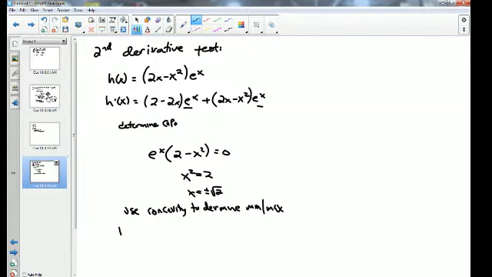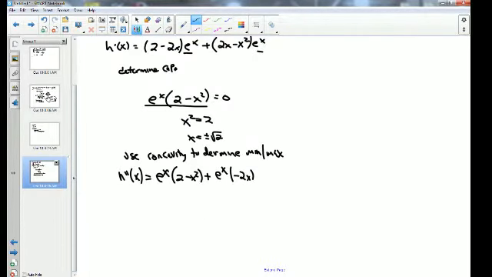So what's the second derivative? Why did I pick this function? Let's use that one. Sound good? That's the first derivative, right? Simplified. Second derivative. Okay.